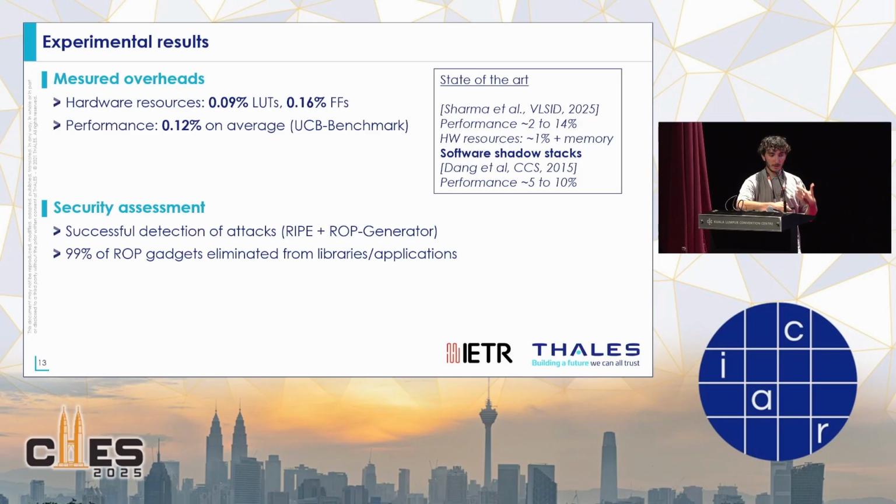And we saw that we eliminated 99% of ROP gadgets. So this is quantitative analysis. Qualitative analysis is not something that is part of the literature yet, but the gadgets remaining are longer than the ones you would expect for a meaningful attack to be used. So that's also an important factor.